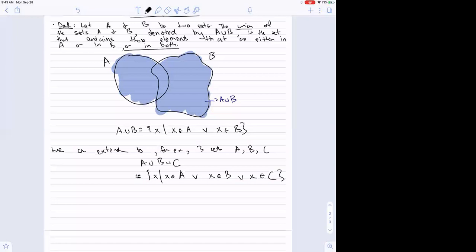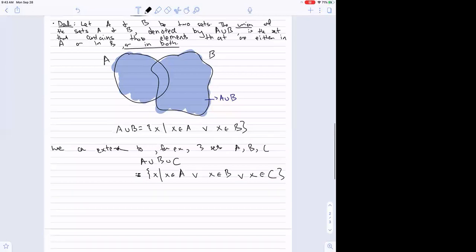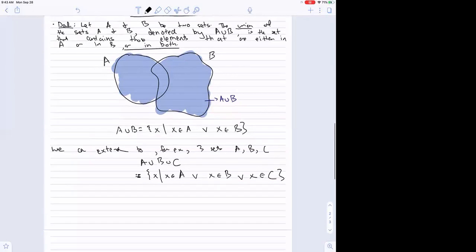Okay, so I think this is pretty okay, I hope. So we can do examples. Let's start with easy examples. If we do {1, 2, 3} and we do union with {4, 5, 6}, what do you think this union would be?